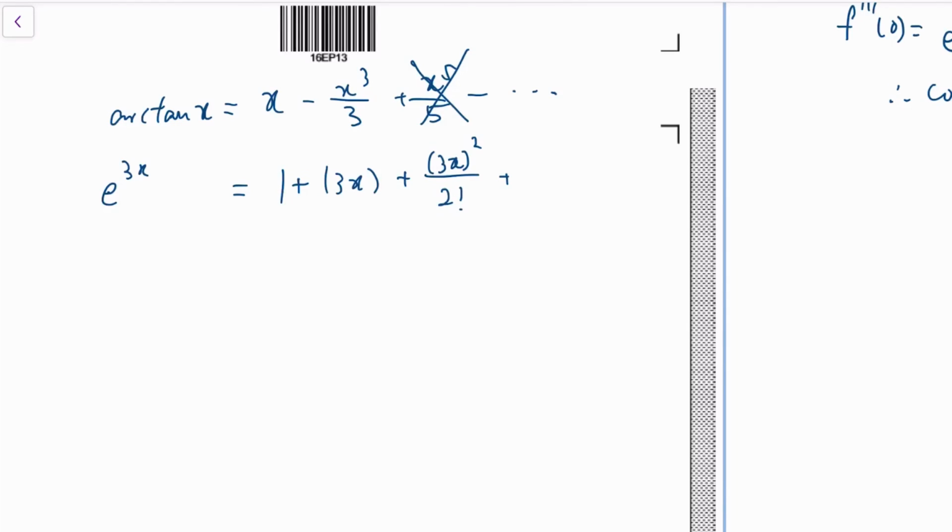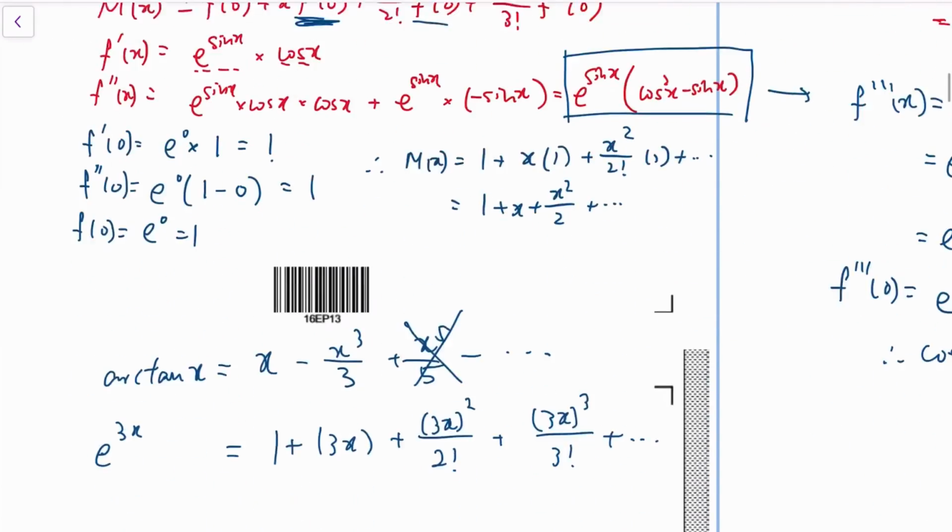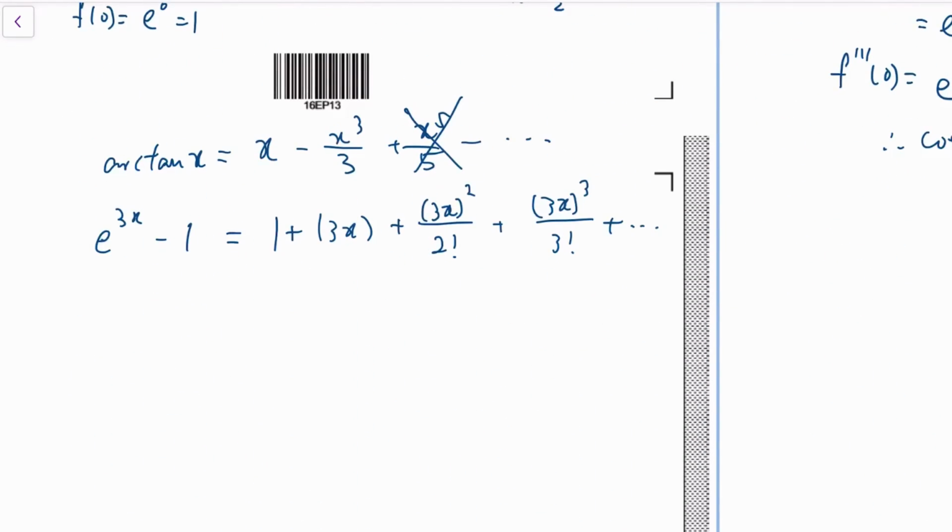They want up to the cubed term, so we might need the cube term. So let's do the cube term as well. Dot dot dot. But remember it was e to the power of 3x minus 1. So we'll minus 1. So basically take away this one.